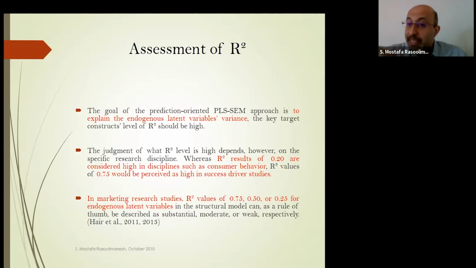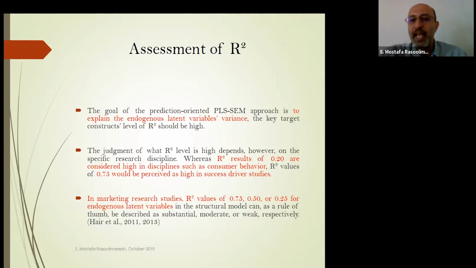It means in this study, based on some logic, based on some theory, and based on the objective of our study, we include these few independent variables, right? So in behavioral science, we are not supposed to include all independent variables, and the threshold and criteria for R square are totally different.